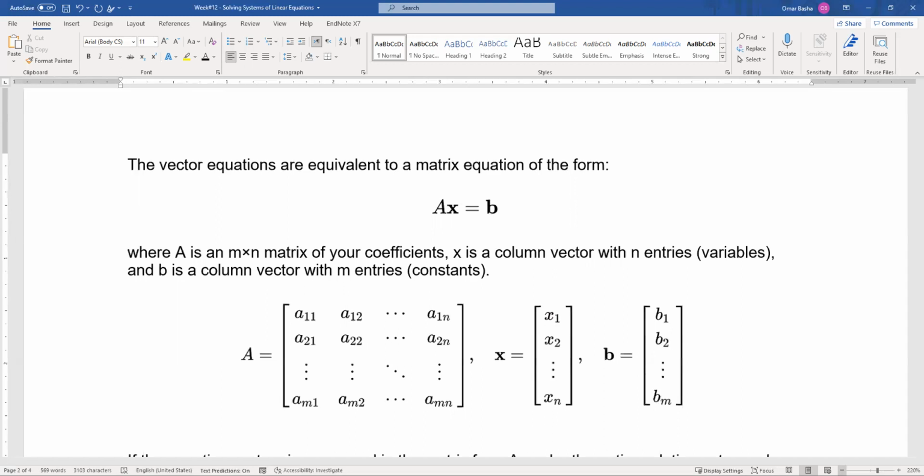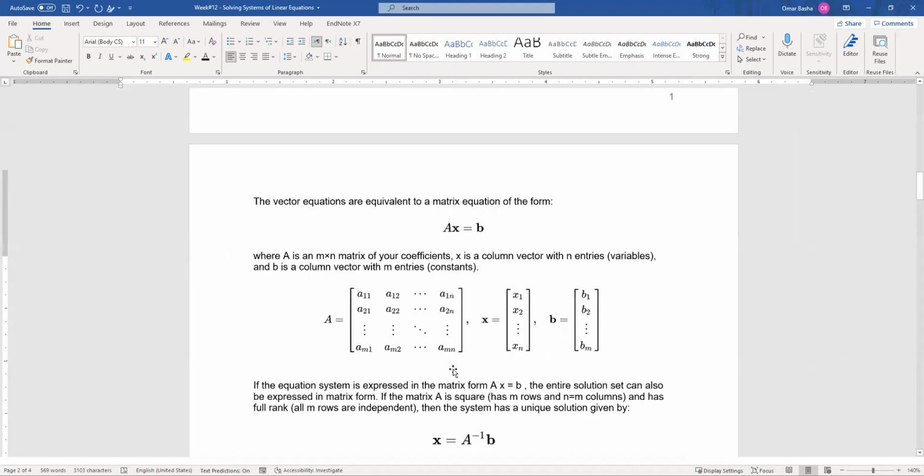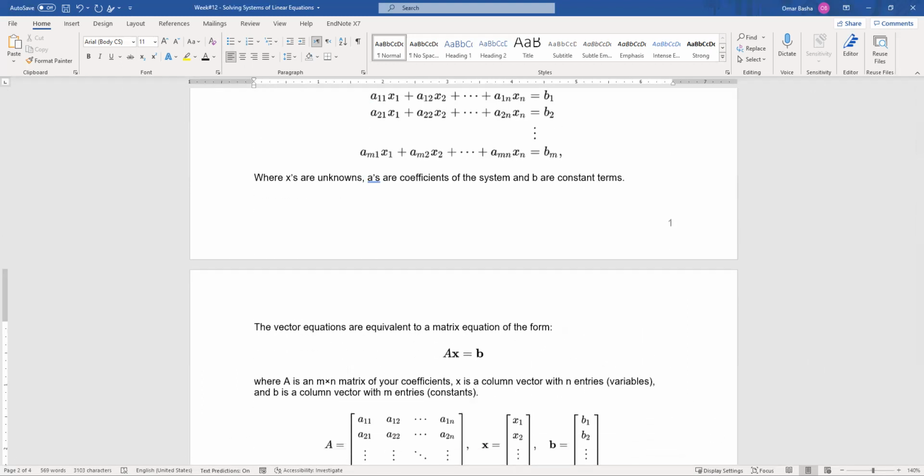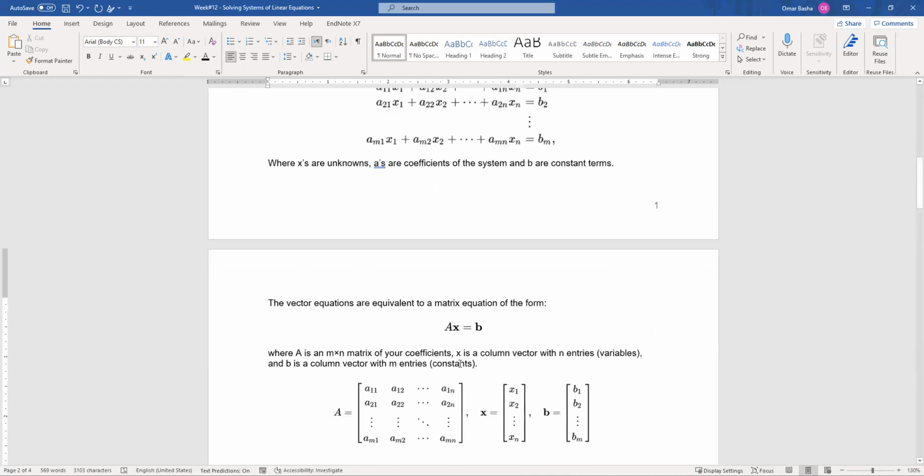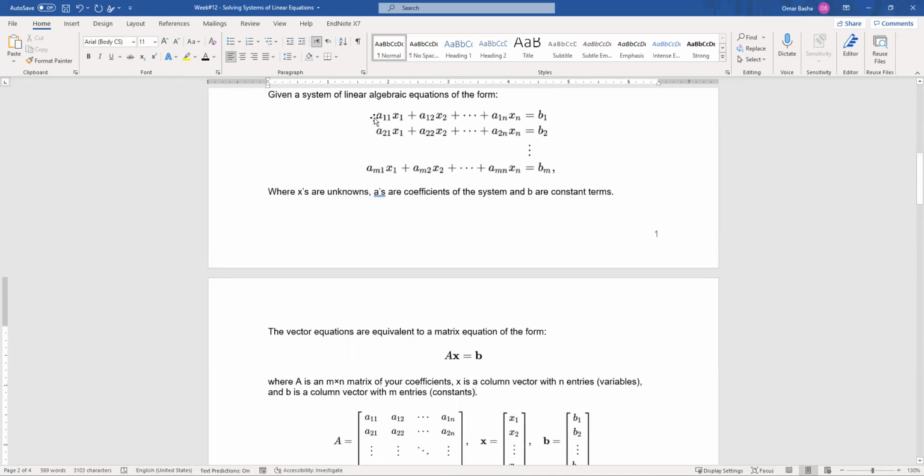So if I zoom back a bit and compare these together, this is your system of equations, a11x1, a12x2, all the way to a1n xn is equal to b1, and you have m number of rows until you get am1x1 plus am2x2, all the way to amn xn is equal to bm.